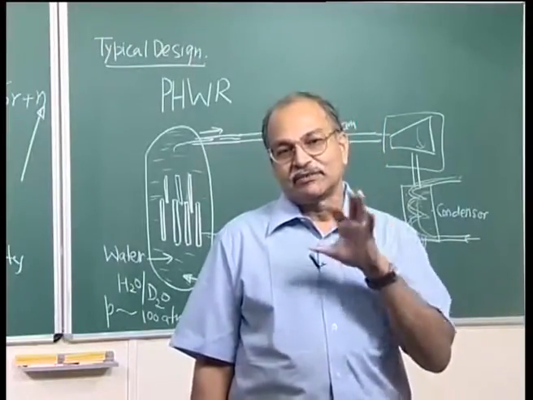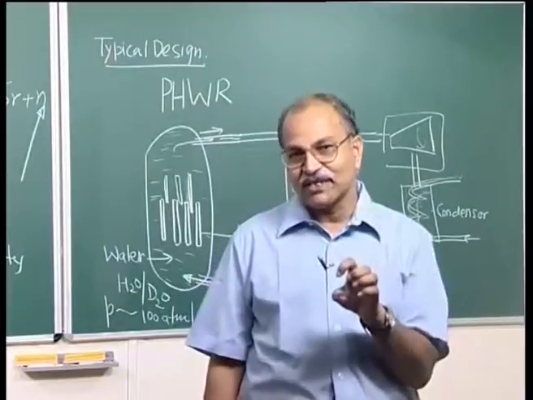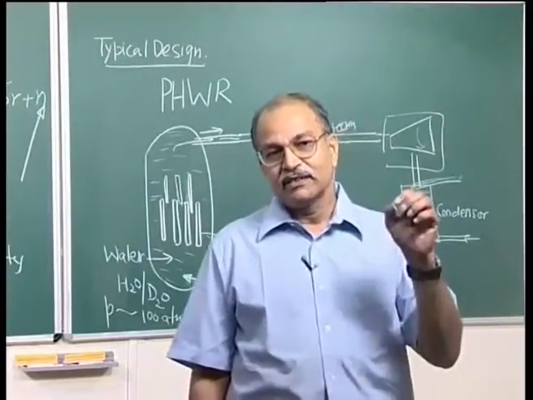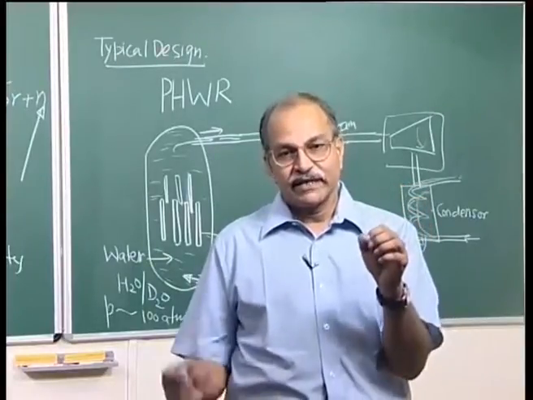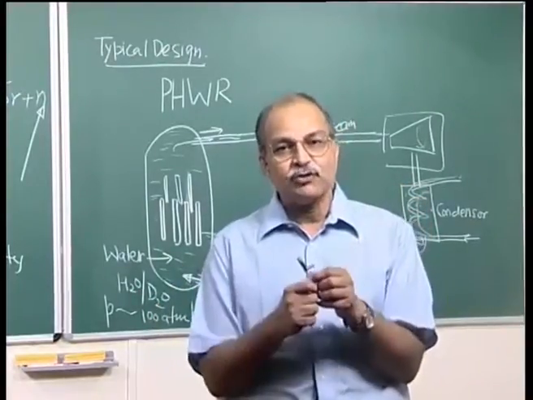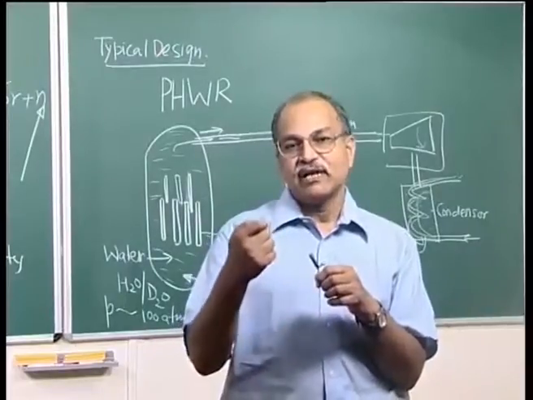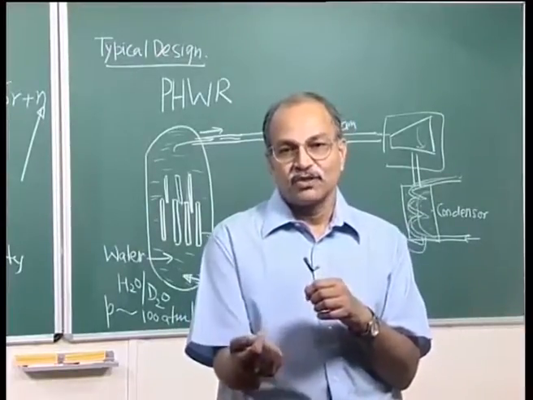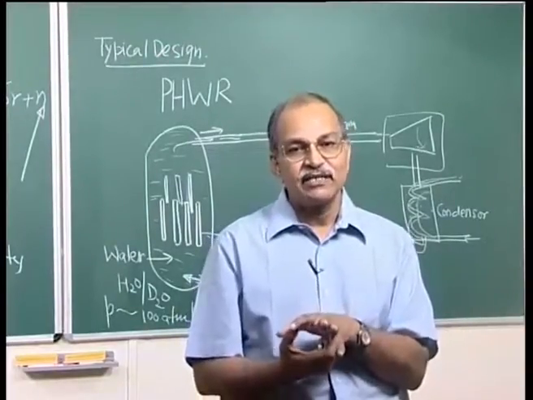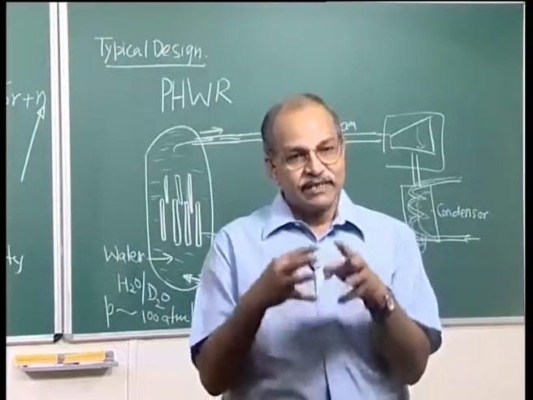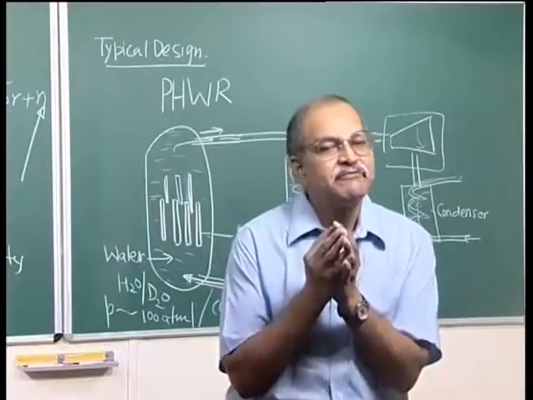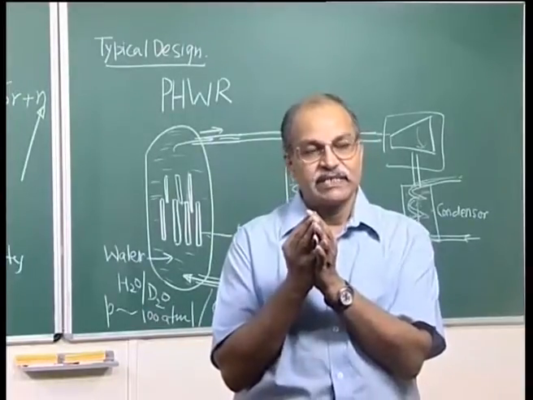But then the neutron absorption is also very important. This proton or hydrogen nucleus, proton, can capture a neutron to make the stable isotope deuteron. So, there is a reasonable cross section for that. So, the neutrons get absorbed significantly if one uses light water.